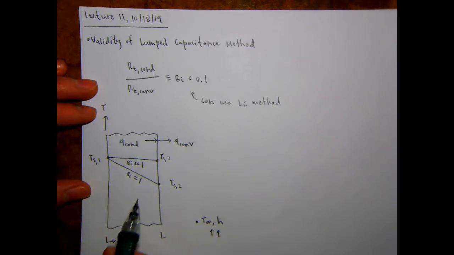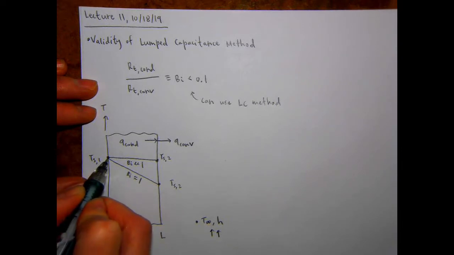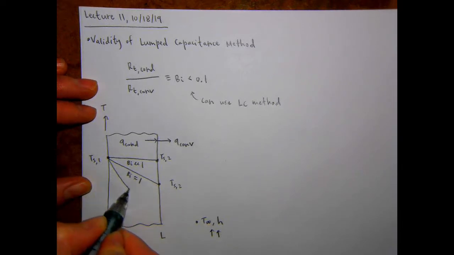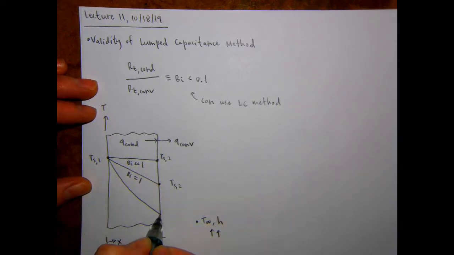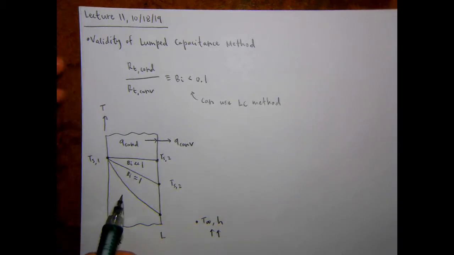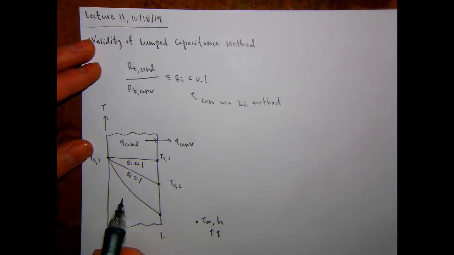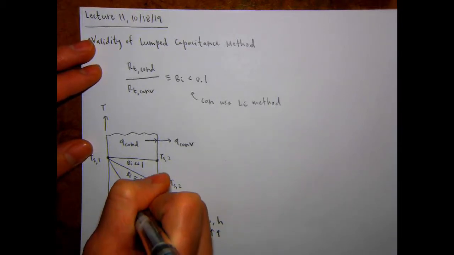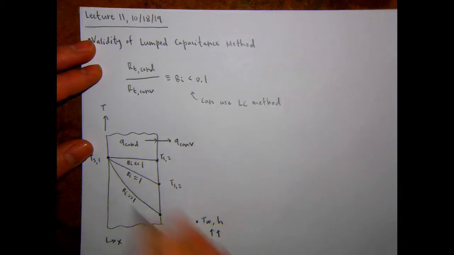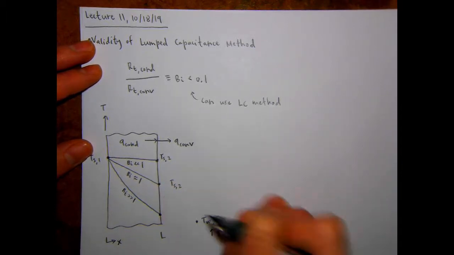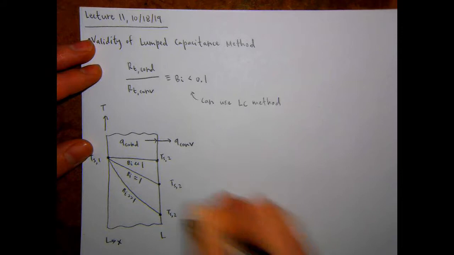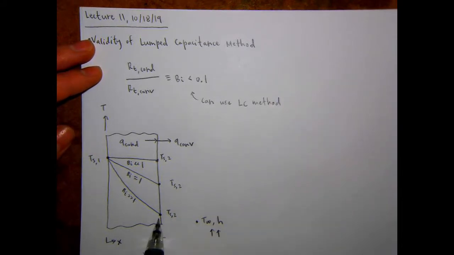And then if you have a Biot number that's much greater than 1, you're going to have a big decrease. The exact nature of these lines is going to depend on what's going on within the wall, but this is qualitative. You'll have a big decrease in the temperature, and the lumped capacitance method would definitely not be valid here.